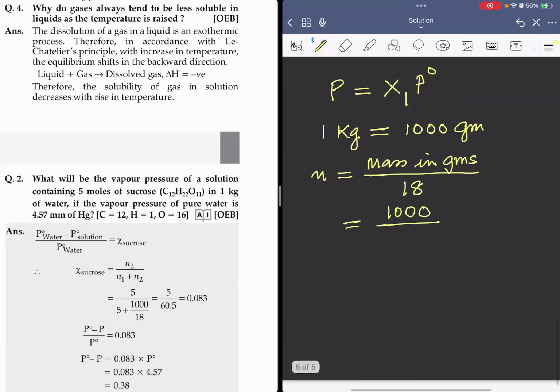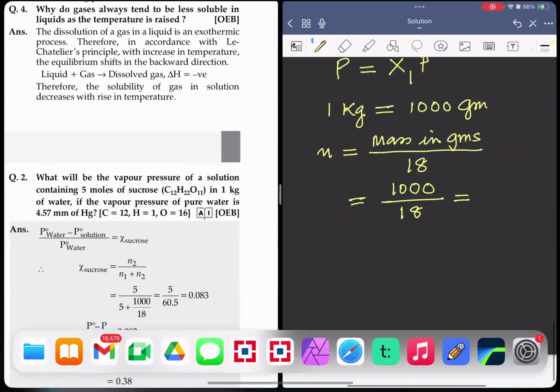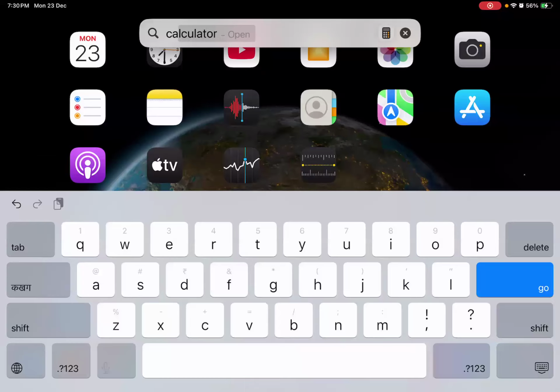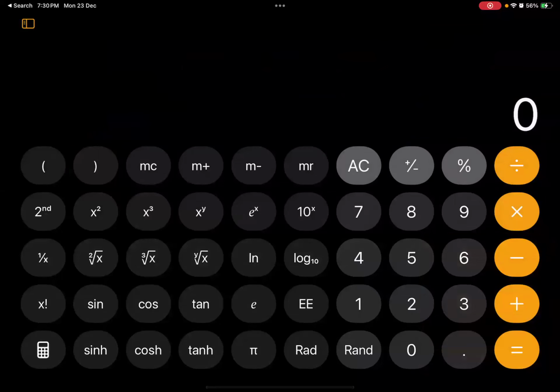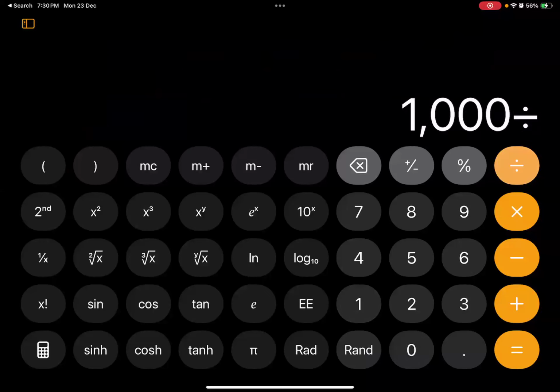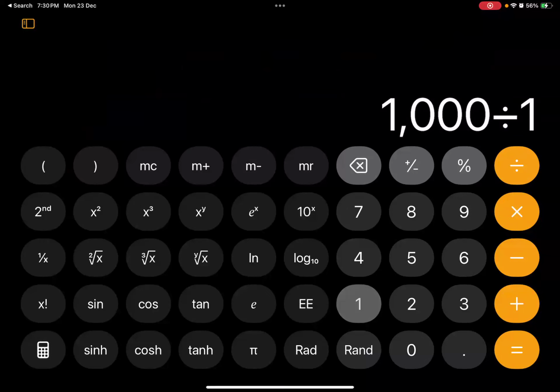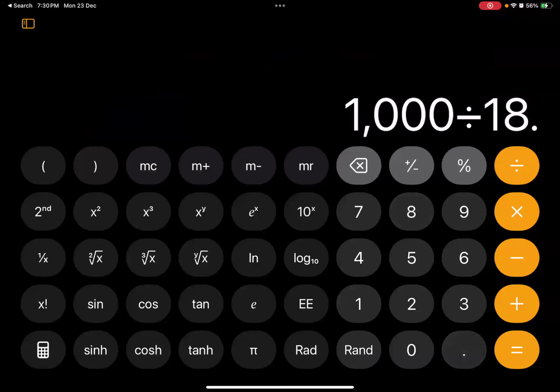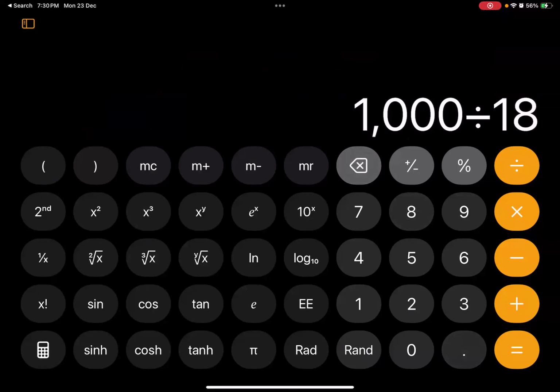1 kg is 1000 grams, isn't it? Divided by 18. How much will this come out to be if you divide? Let me try dividing it. 55 point something I'll get. I have to divide 1000 by the molecular mass of water, that is 18. How much is that?